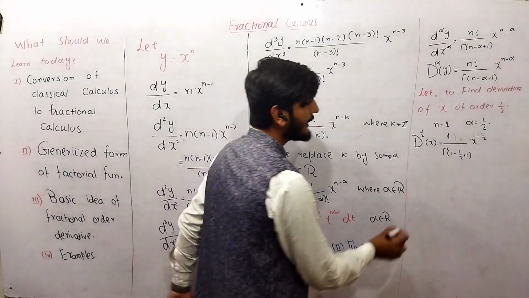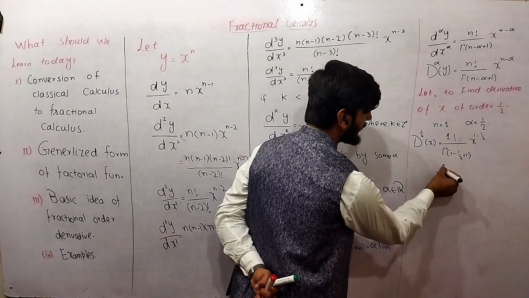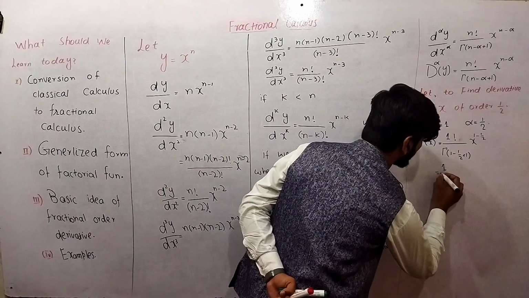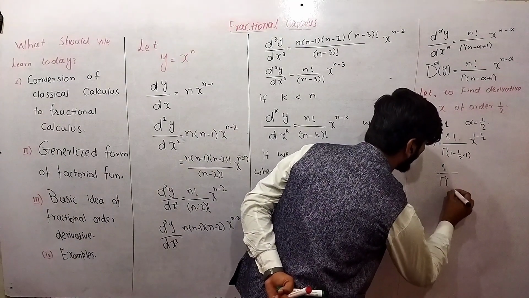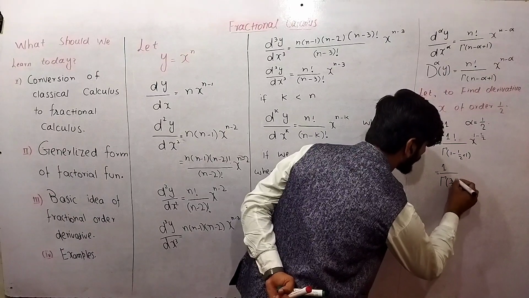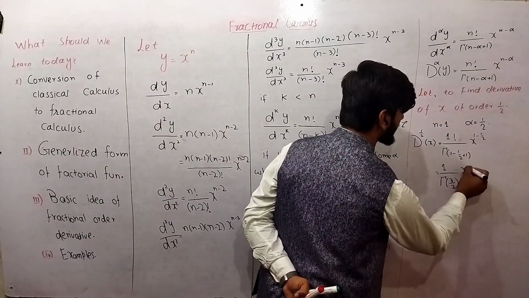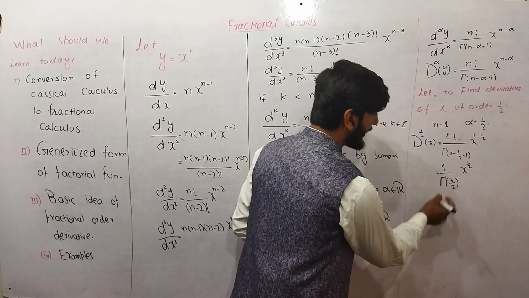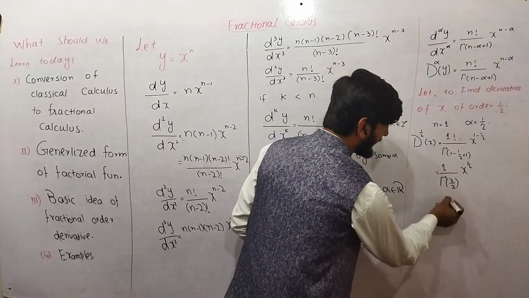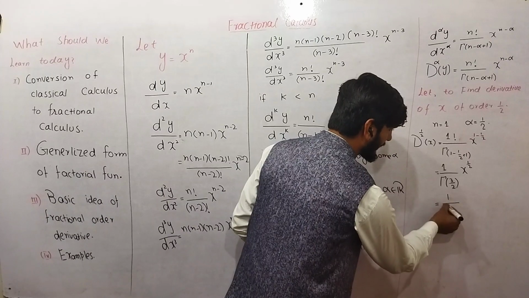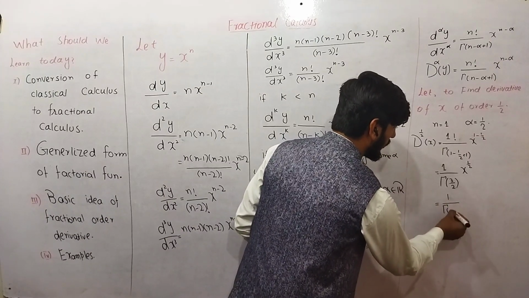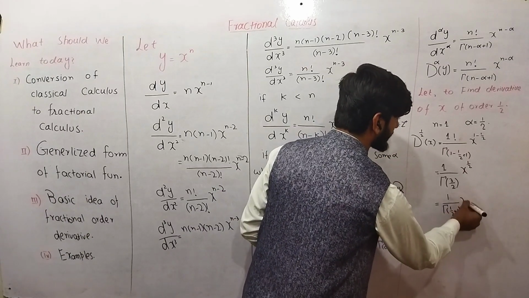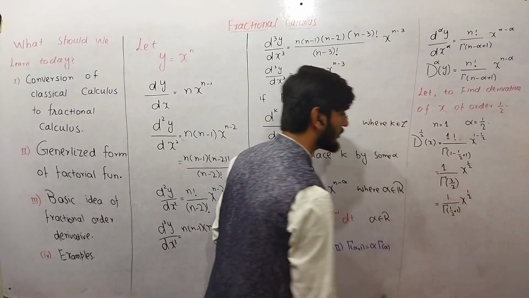Next, 1 factorial is also equal to 1, so we have 1 over gamma of 3 by 2 times x raised to the power 1 over 2. We can write this as 1 over gamma of 1 over 2 plus 1 times x raised to the power 1 over 2.